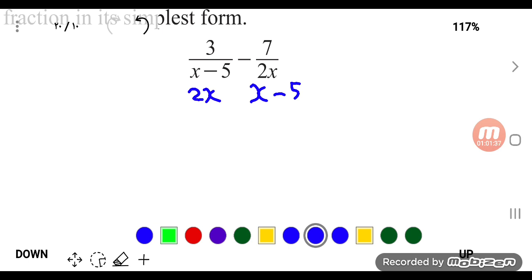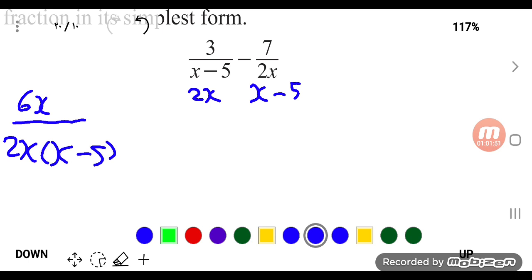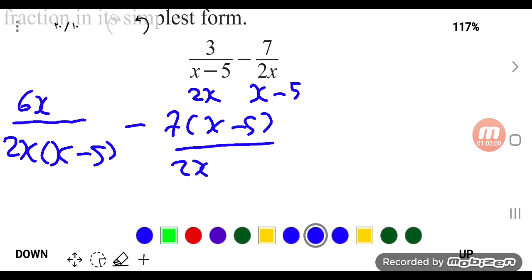So you get 6x over 2x times x minus 5, minus 7 multiplied by x minus 5 over the same thing, 2x times x minus 5.